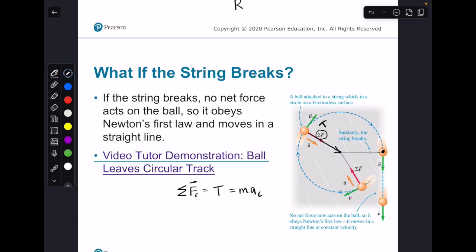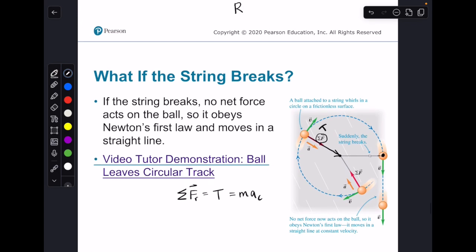And so I bring this up because what happens if that tension on the string breaks, or that string breaks? Well, then that acceleration is no longer present, because the velocity of the ball is going to just keep that ball continuing on its original path. There is no acceleration acting on it anymore, and there's no change in direction, and there's no change in velocity, so the ball will just keep moving in a straight line path off of the circular motion.